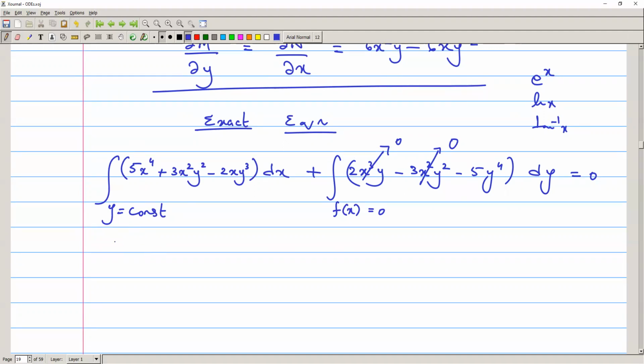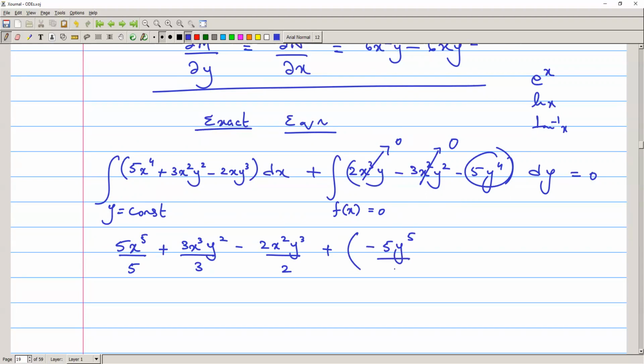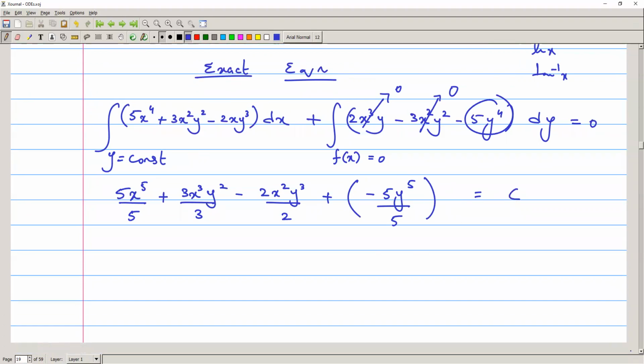Now I will integrate with respect to x, so it will be 5x to the power 5 over 5 plus 3x cubed y squared over 3 minus 2x squared y cubed over 2, and then we integrate the remaining term with respect to y, which gives 5y to the power 5 over 5, equals constant c, the constant of integration.